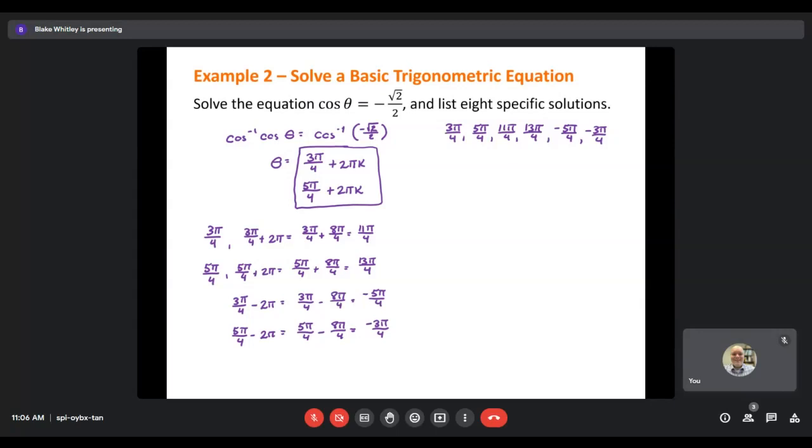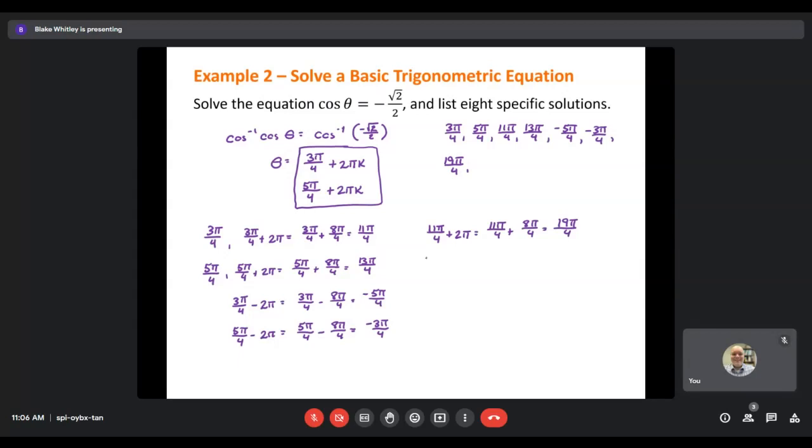And so if I want to find 2 more, I'm just going to go back to the 11 pi over 4 and 13 pi over 4 that I had already found. I'll add another 2 pi to that. So 11 pi over 4 plus 2 pi. Again, we're adding 8 pi over 4. So 19 pi over 4 is one more solution here.